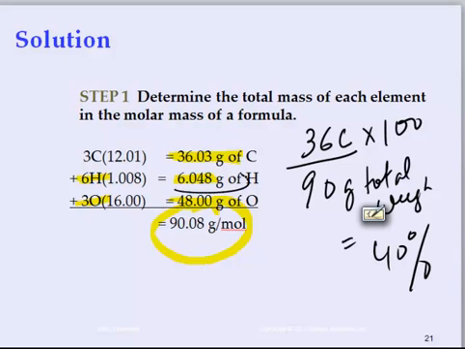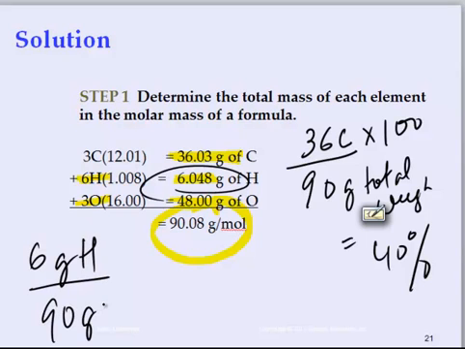Similarly, for hydrogen, you would do 6 grams of hydrogen. Total is 90 grams of lactic acid, so times 100. 6 divided by 90 times 100 on my calculator comes up to 6.6%.